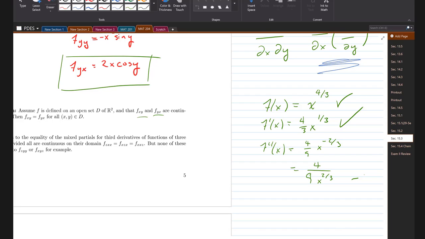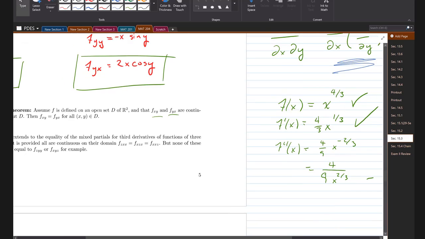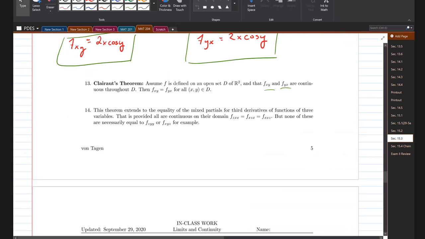You could dig up clarifying examples to Clairaut's theorem on the internet, and that'll help you. I'm not going to worry about that, but I do want to say that it is not always the case, but it is the case that if those mixed partials are continuous, then they will agree with each other.